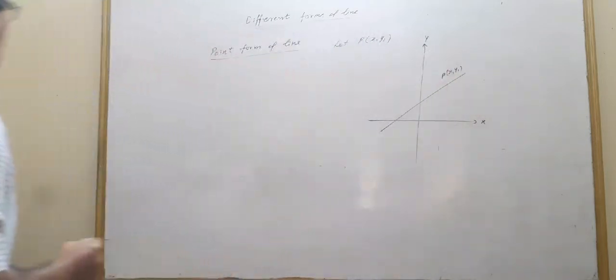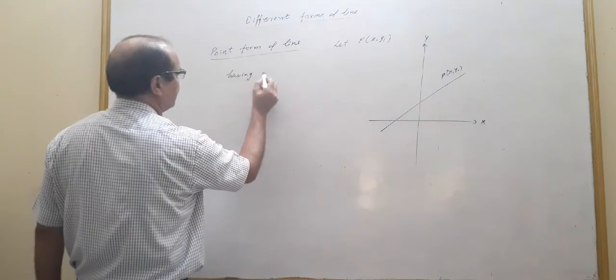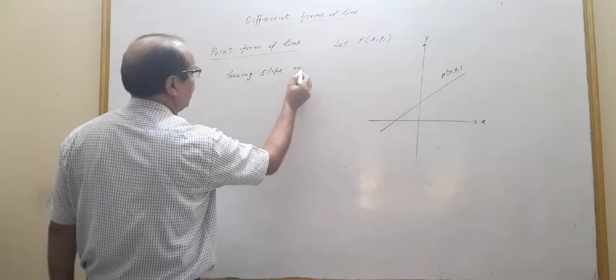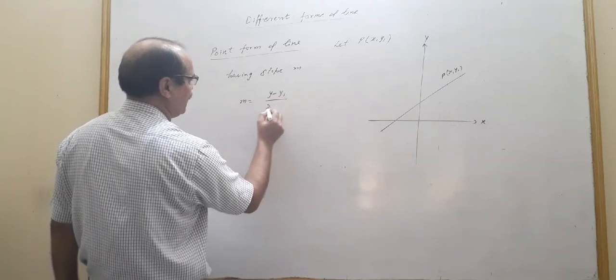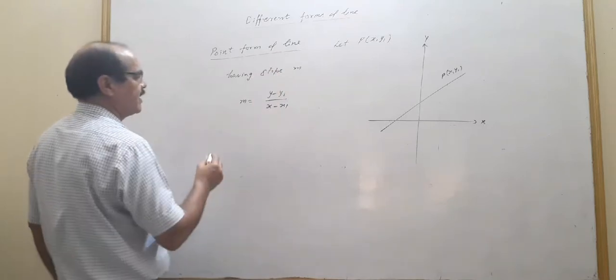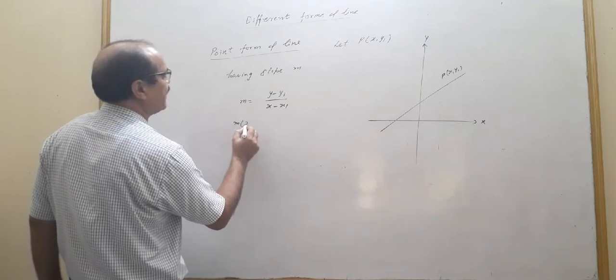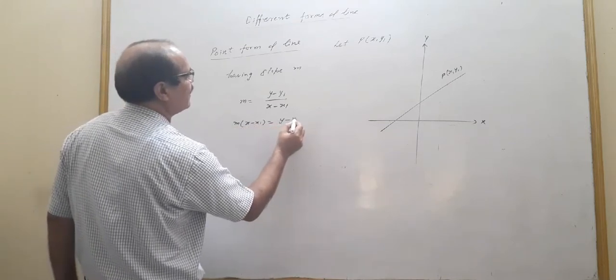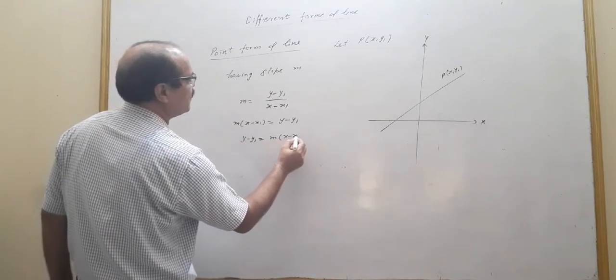The point x1 y1 is a fixed point and the line has slope m. So how to get the slope of the line? You know that y minus y1 upon x minus x1 is the slope of the line, because Q is any arbitrary point on the line. So y minus y1 upon x minus x1 is equal to slope. If I simplify this, it can be written as y minus y1 is equal to m times x minus x1.